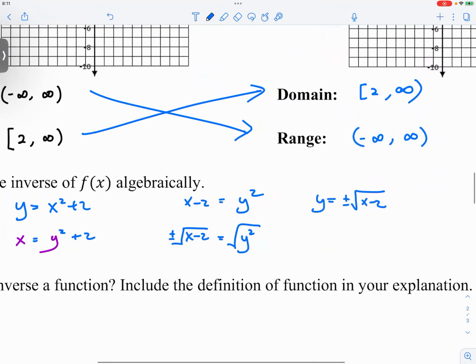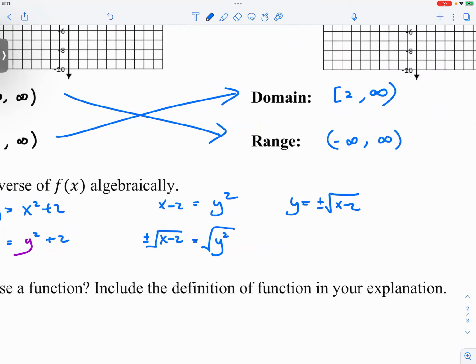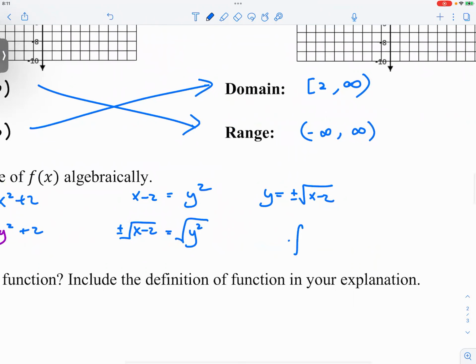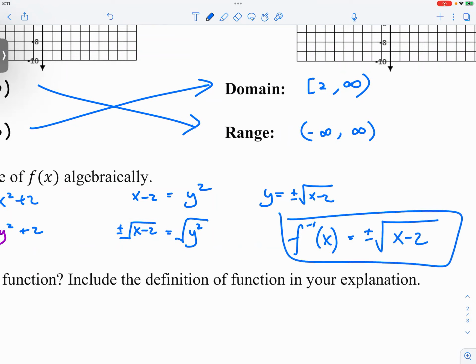So we have y equals plus or minus square root of x minus 2. And to finalize our answer, we'll say the inverse of f is plus or minus square root of x minus 2.